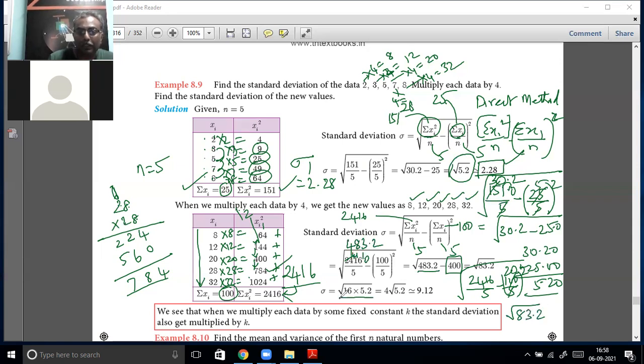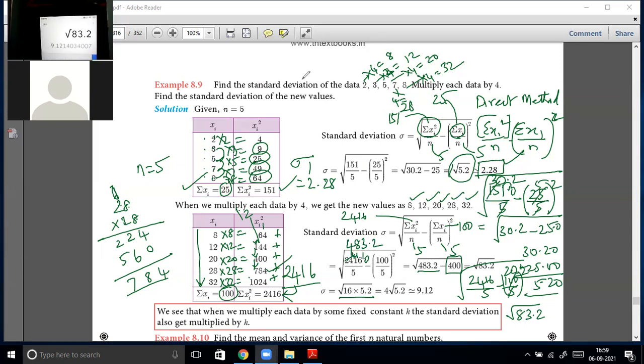You don't have to do this and all. Just find the root of 83.2. How much is that? Root of 83.2 is 9.12.